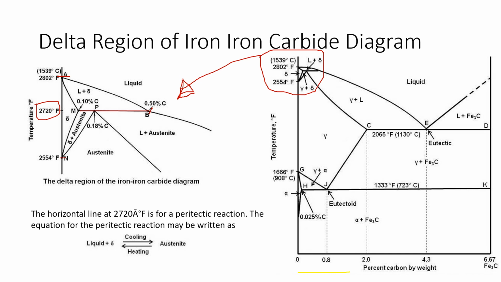In this region, below the line AB, which is liquid plus delta iron, FCC delta iron, is converted at that peritectic temperature. The liquid plus delta iron, when cooled down, is converted into the austenite region.